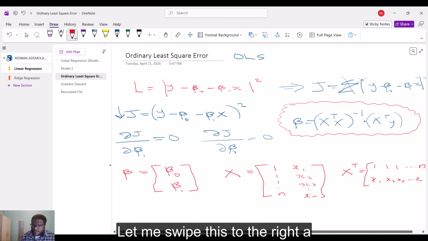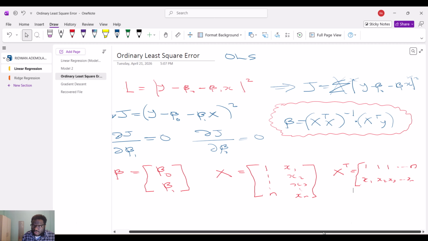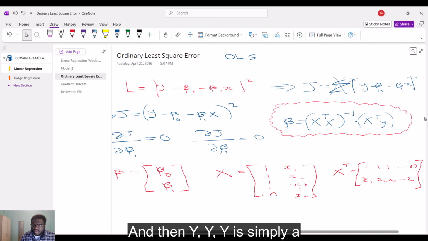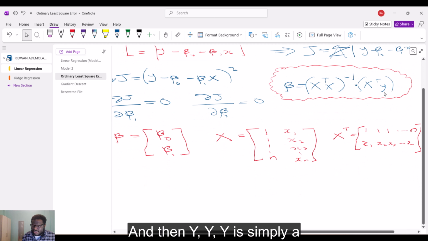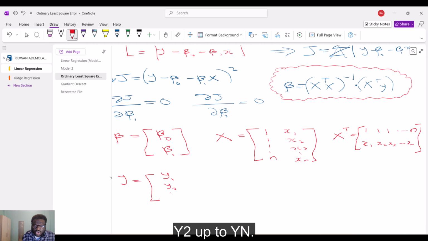Let me swipe this to the right a little bit. And then y is simply a column vector as well, which comprises y1, y2 up to yn.